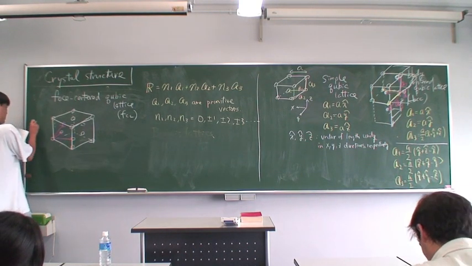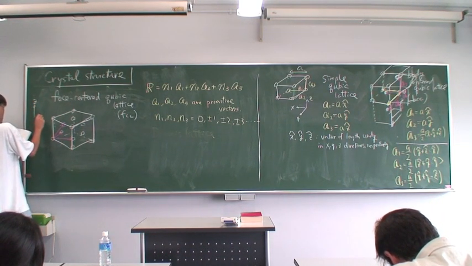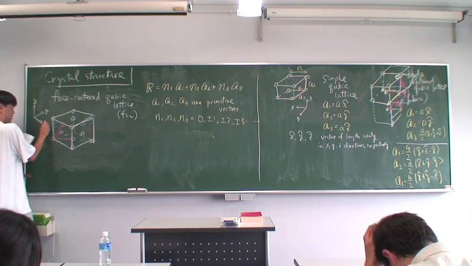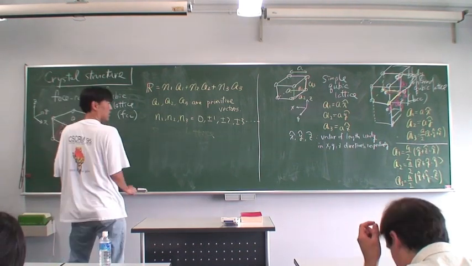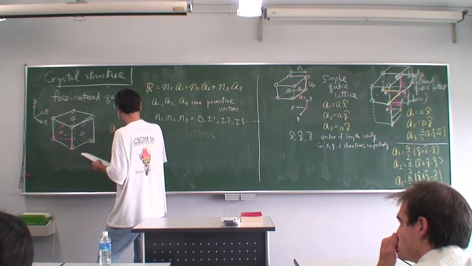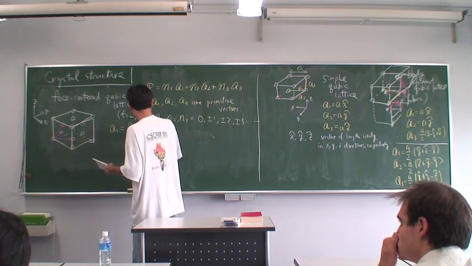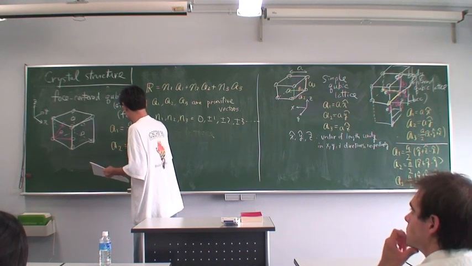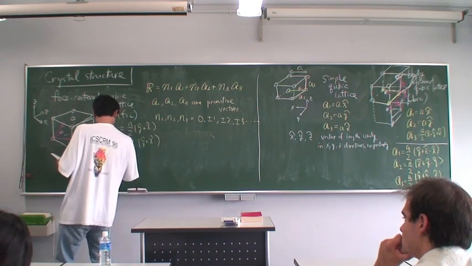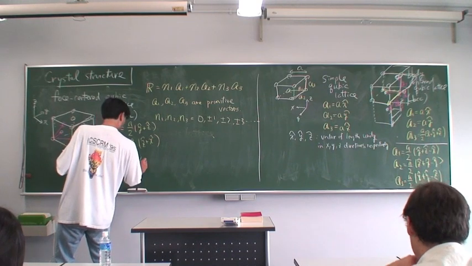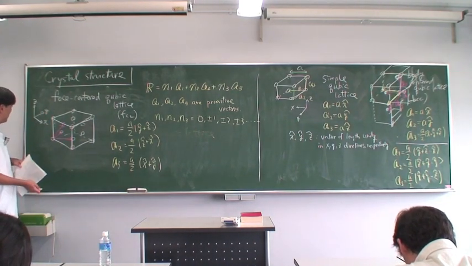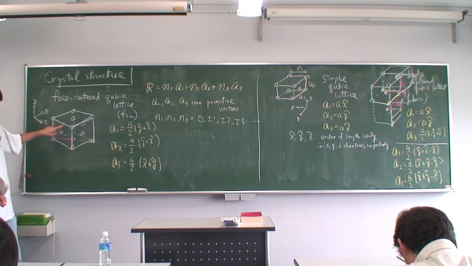This one here. I still have to define Z, Y, X, and A1. In this case, A1 is given by A over 2, Y plus Z. A2 is A over 2, Z plus X. A3 is A over 2, X plus Y. So Y plus Z, this one is A1.